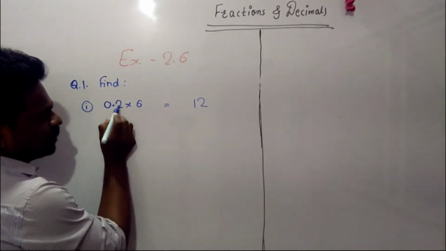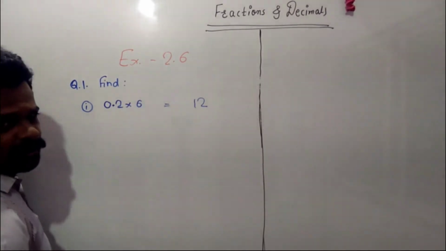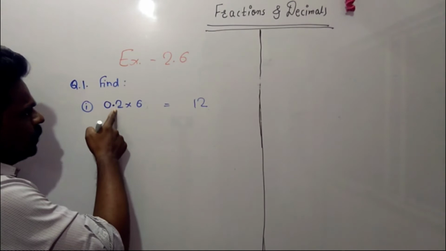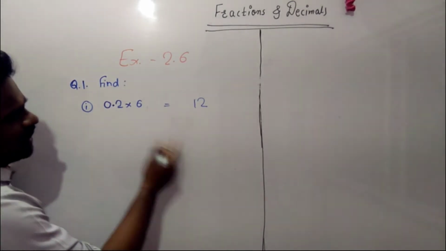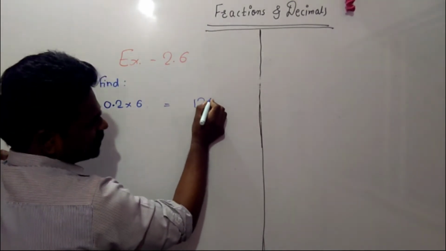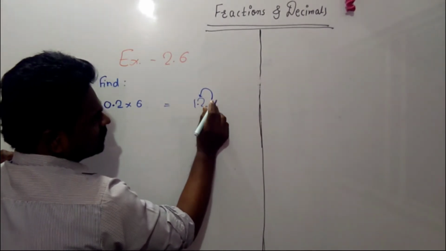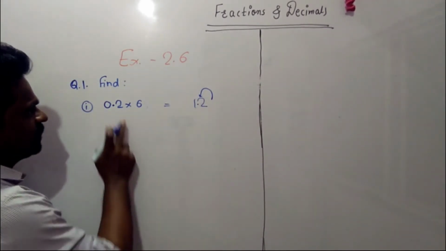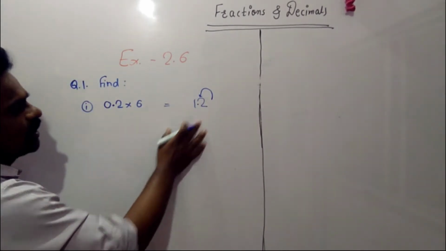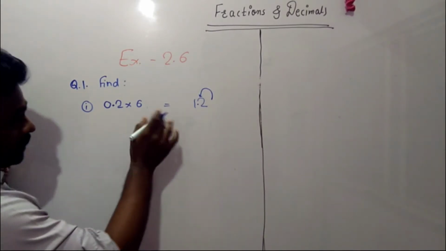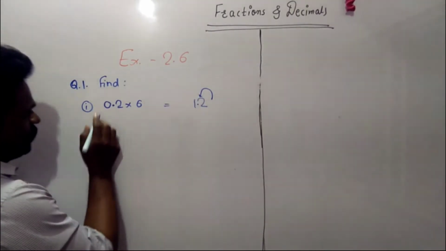After the decimal point, here was one digit and here no digit was there. So only by one digit will we place our decimal point. Here is the decimal point, so we will shift it by one digit. That means this will be your answer. 1.2 will be your answer. 0.2 into 6 is equal to 1.2. But I don't want it in that way. I want it in this way.